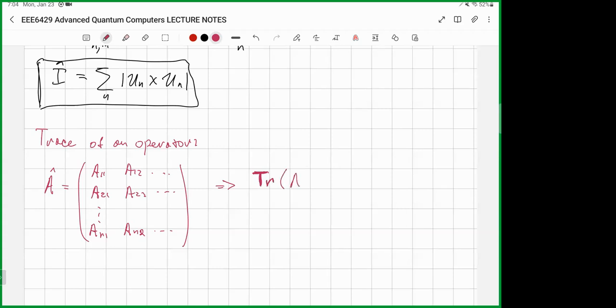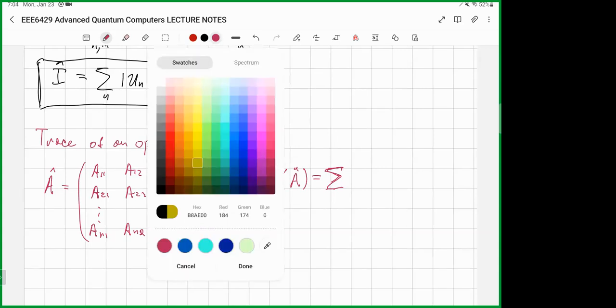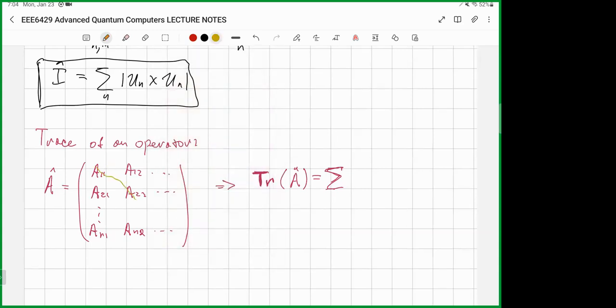The trace of this operator A is equal to the sum over the diagonal elements. So these are diagonal elements here, and we basically just sum these diagonal elements over n. So this is the definition of trace.